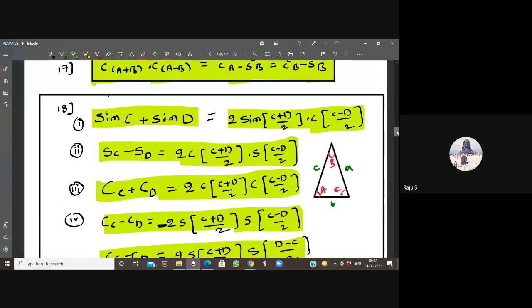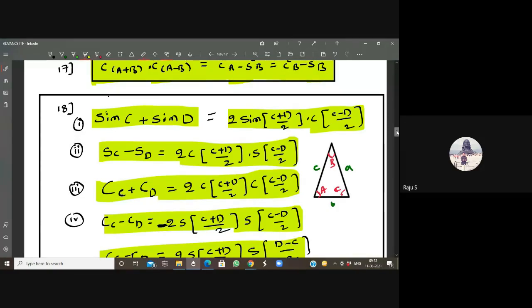For example, if it is in the form of 2 into cos 40 and sin 20, do you know the values of cos 40 and sin 20? No, sir. We don't know. Then how can you find 2 cos 40 sin 20?